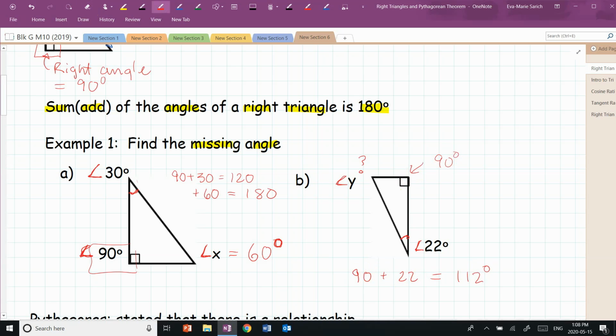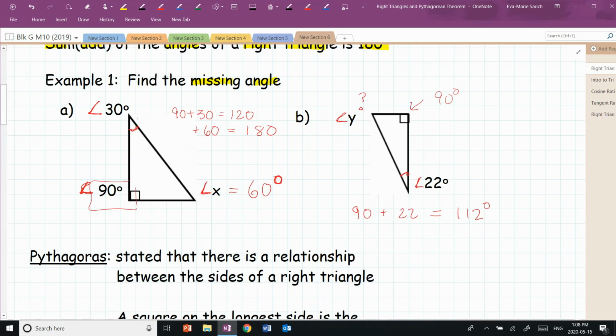And now you need to think, what else do you need to get up to 180? So you're going to have to add 68 onto this to get to 180.